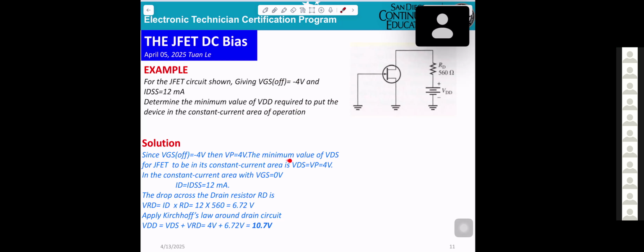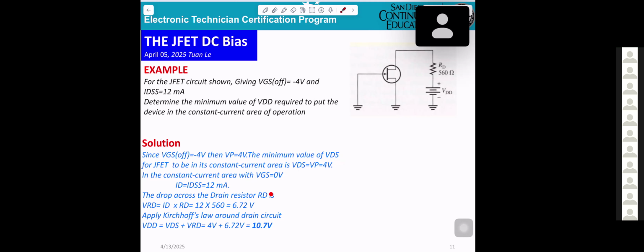The minimum value of VDS for the JFET to be in the constant current area means VDS equals 4 volt, with VGS equal 0. So ID will be equal to IDSS.